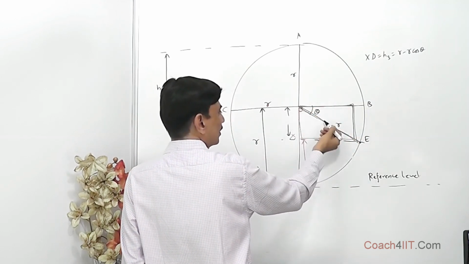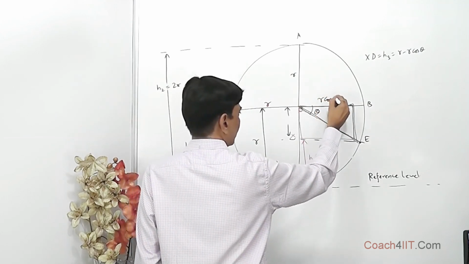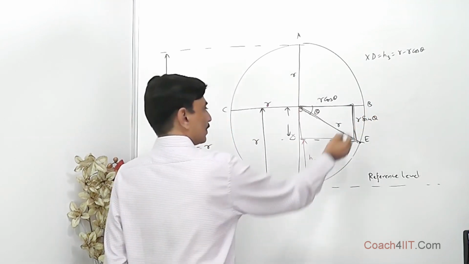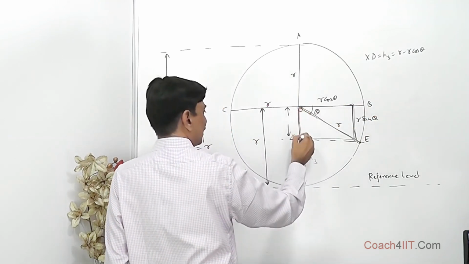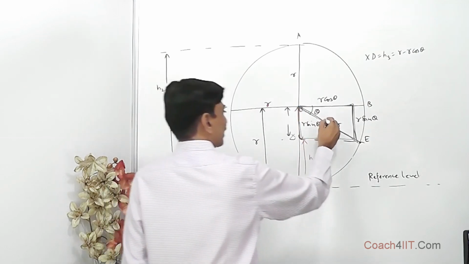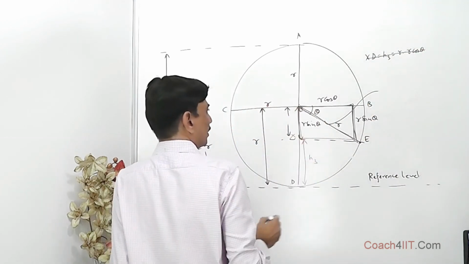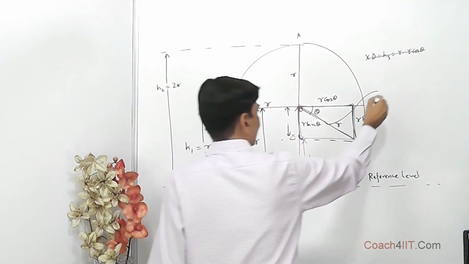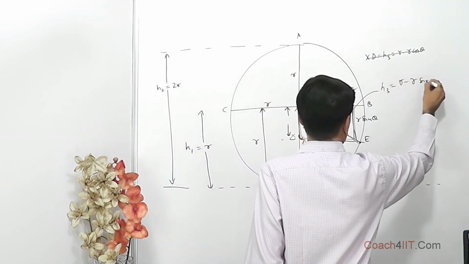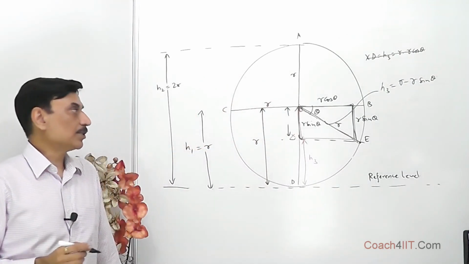This angle theta is made with this line, so this side is going to be R cos theta and this side is going to be R sin theta. If this is R sin theta, then this is also R sin theta. Then in that case H3 is equal to R minus R sin theta.